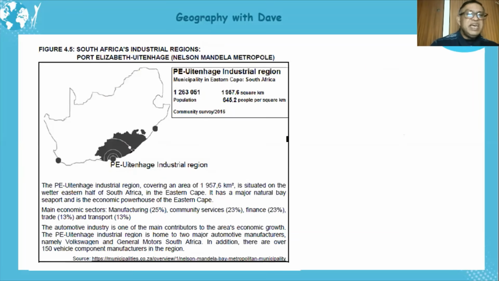Let's look at the next thing here. South Africa's industrial regions, PE-Uitenhage, Nelson Mandela Metropole, that's what it's known as. Learners, I know I've covered this before, I'm putting it into format here. And again, you may get the Port Elizabeth, Uitenhage area, or you may get the PWV region.